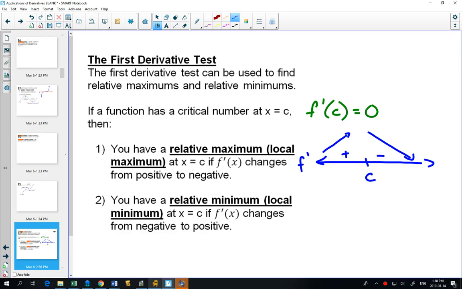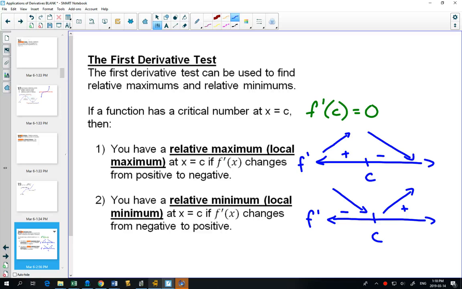And the same thing if you found your point c, and when you plug things into your derivative, you originally got a negative number in your derivative, and then a positive number. It's really easy to see from that diagram that that would be a minimum. So if the derivative changes from negative to positive, and it's equal to 0, then you know you have a local minimum.